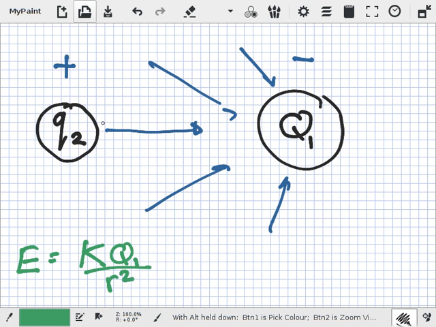But I want to know what the force is. So we have another formula. If you remember, we also have E equals F over Q2.